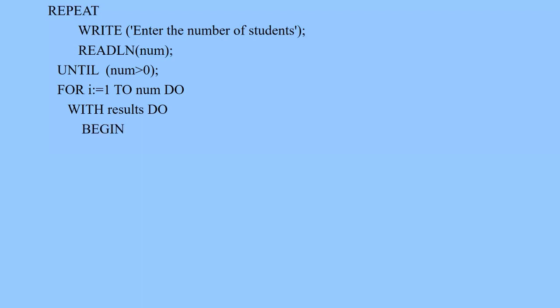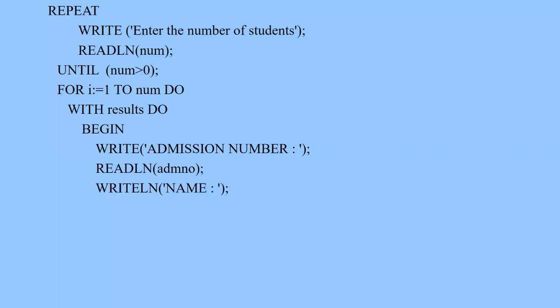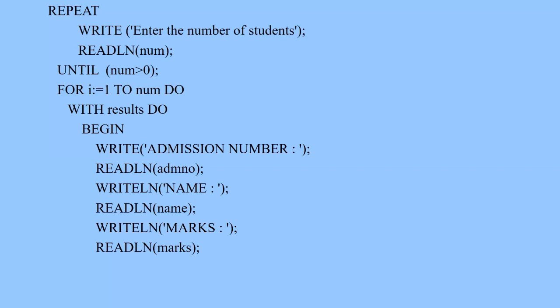So with results, write the statement admission number, then read the admission number, display name, read name, display marks, read marks entered, and store them, of course, in the record through the object called results.